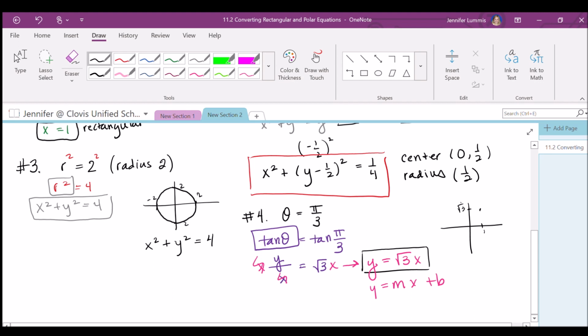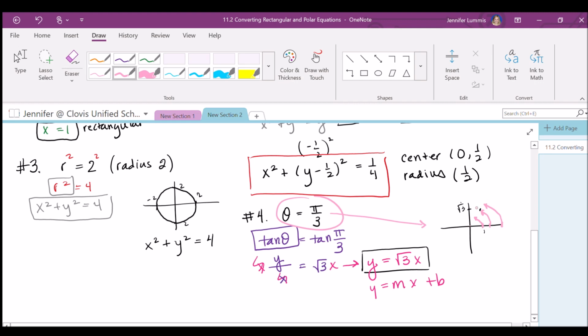Now, you could also do this from the viewpoint of theta equals pi over 3. So all you have to do is no matter what r is, it's saying no matter what radius you start with, a radius of 1, a radius of root 3, a radius of pi, it doesn't matter. You're just going to make an angle of pi over 3 with the x-axis.